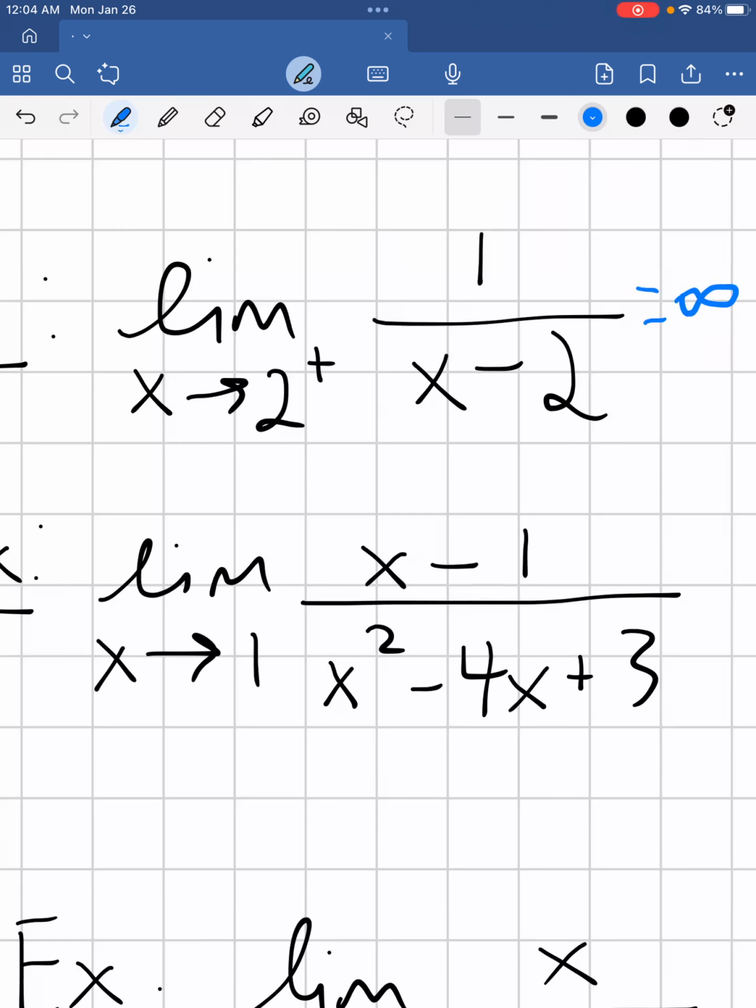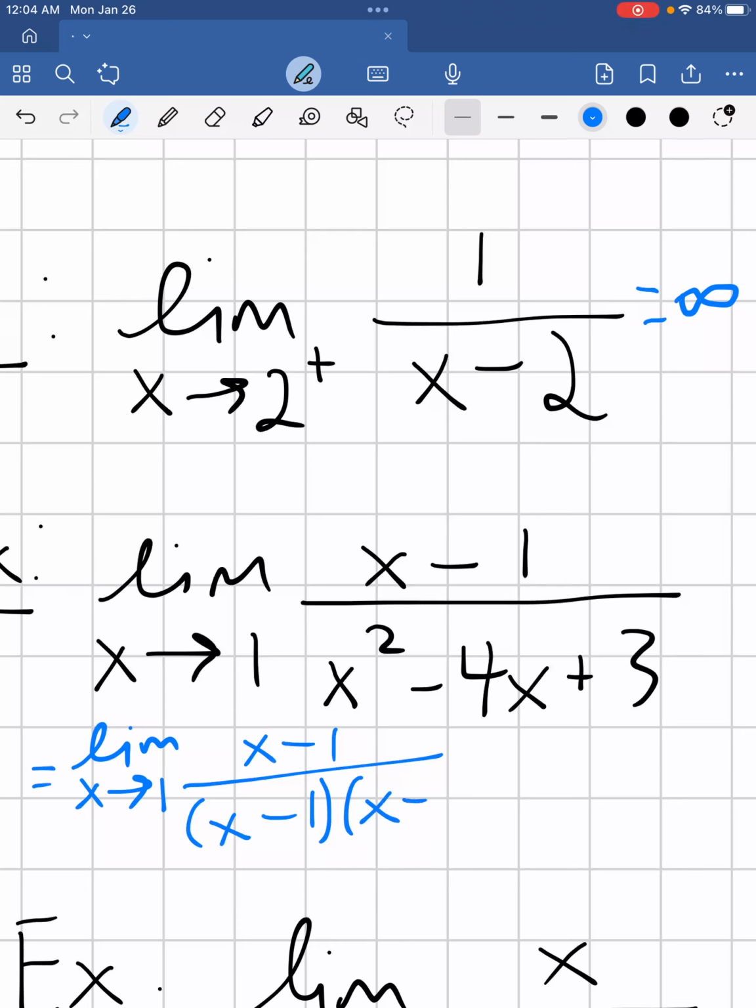Now if I look at the second one, this is something that I can factor in the denominator. So this is equivalent to the limit as x approaches 1 of x minus 1 over x minus 1 times x minus 3.